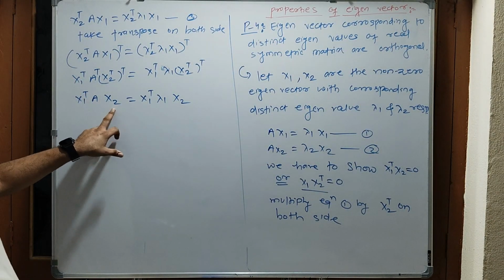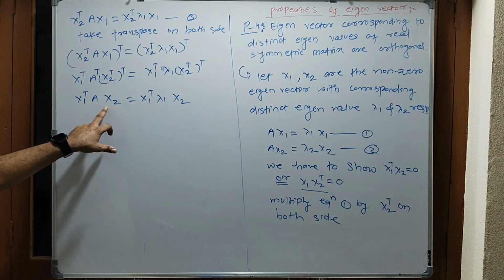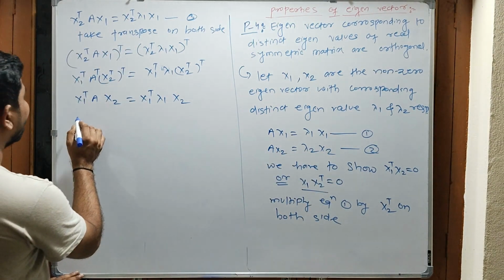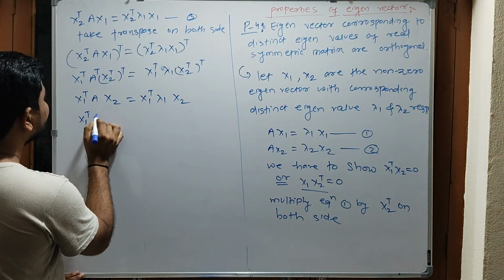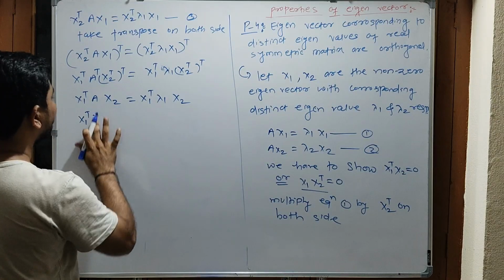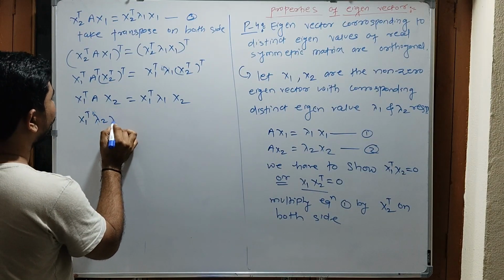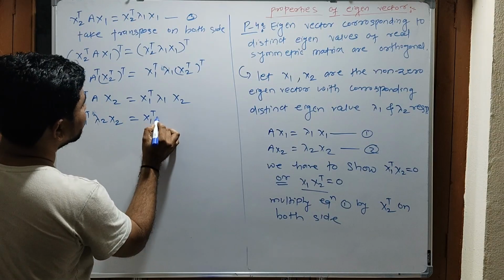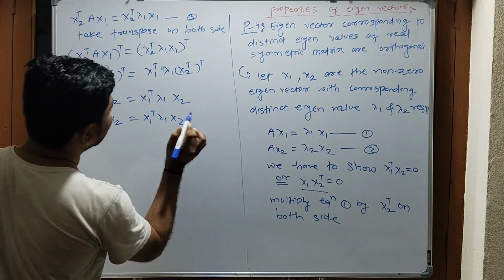Since x2 is an eigenvector, can I write A x2 as lambda 2 x2? So I write x1 transpose lambda 2 x2 equals x1 transpose lambda 1 x2.